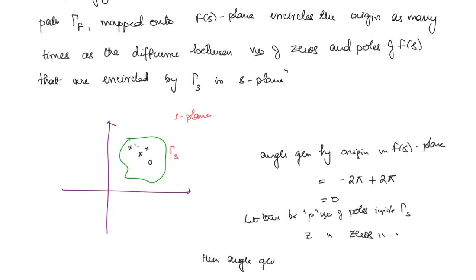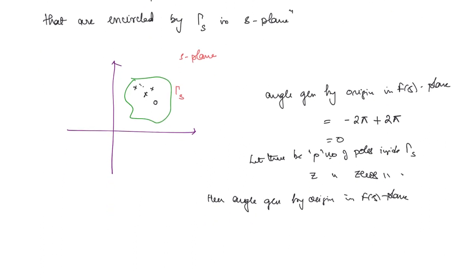Then the angle generated by the origin in the f of s plane is going to be z times 2 pi minus p times 2 pi, which you can write as 2 pi into z minus p. Okay. So that means 2 pi will be one encirclement, once the origin will be encircled. Z minus p times will be the number of encirclements.